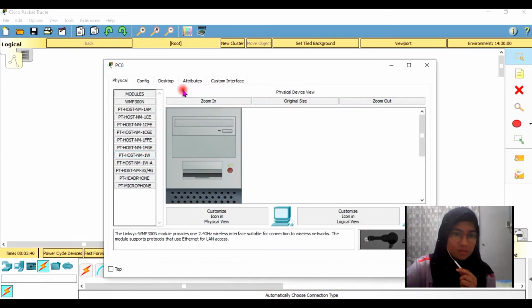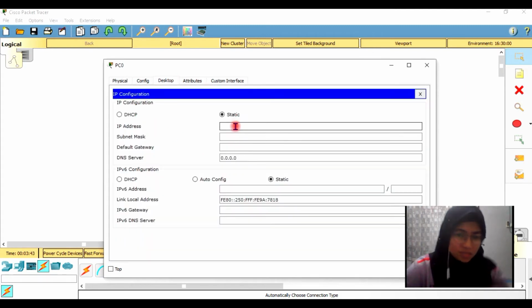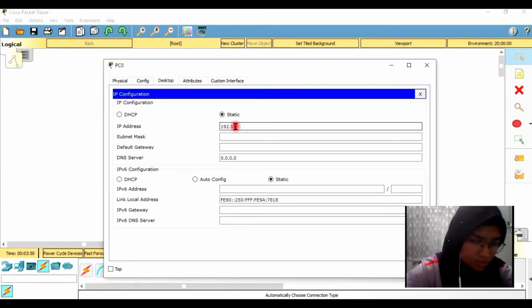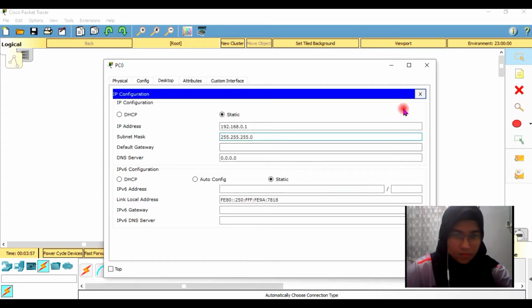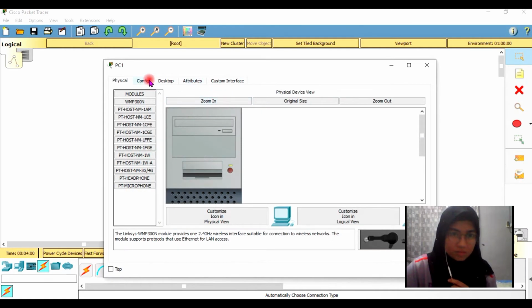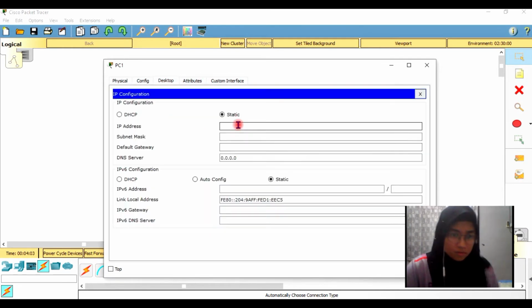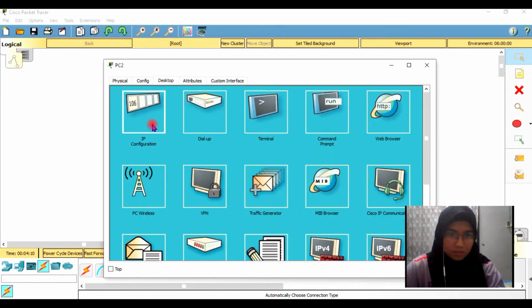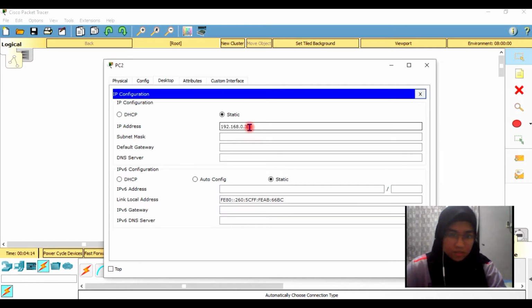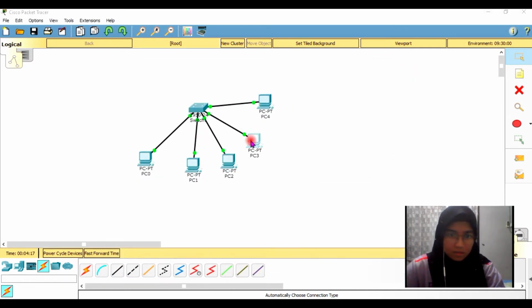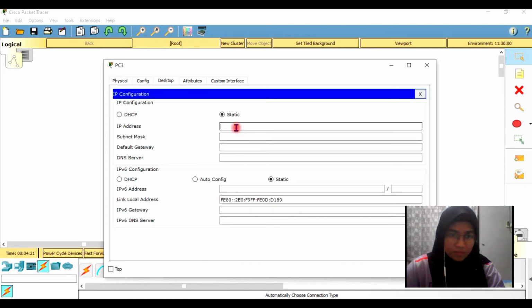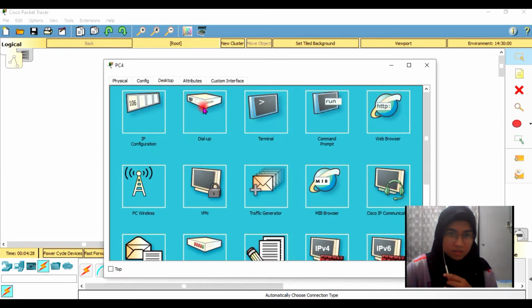Here, set the IP address which is 192.168.0.1, and so on, then 4, and the last one 5.